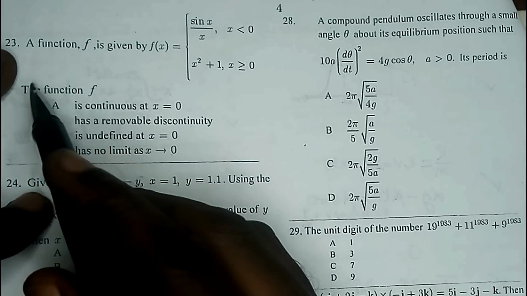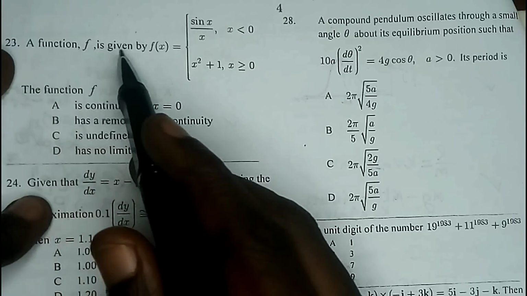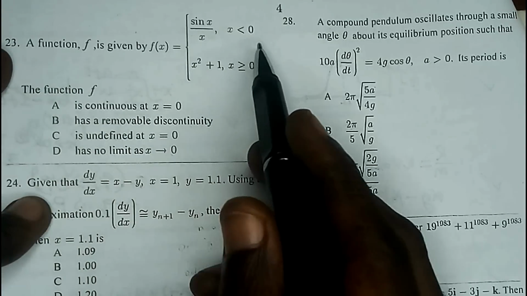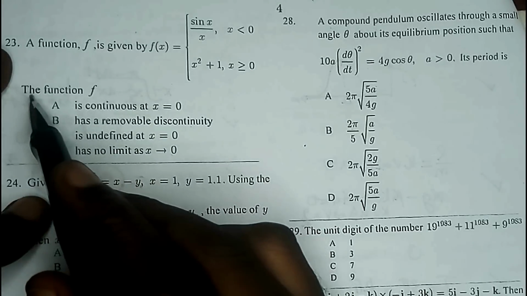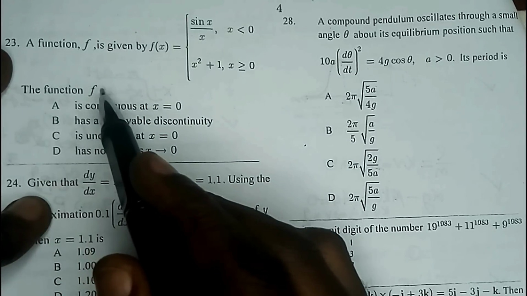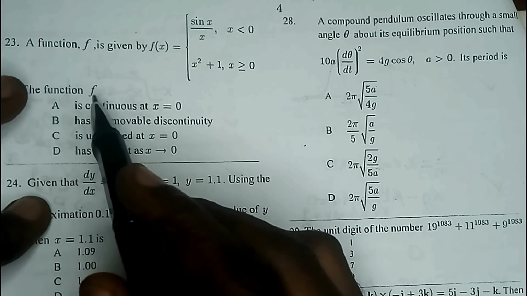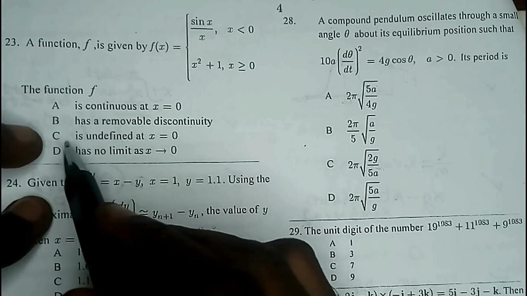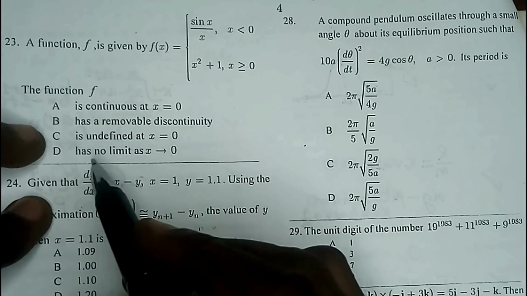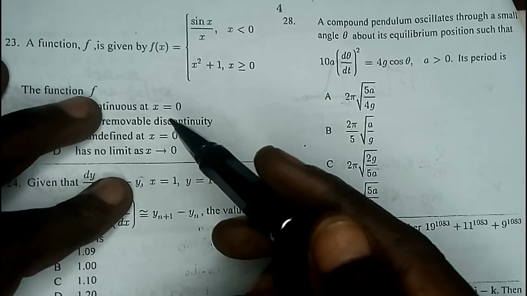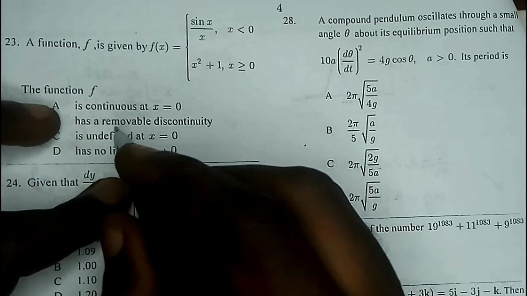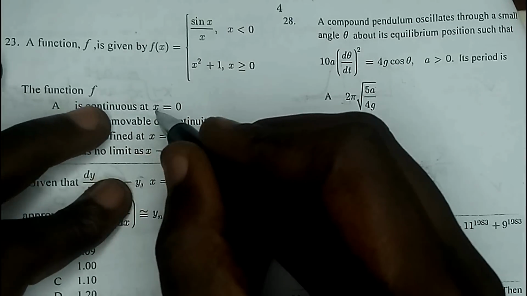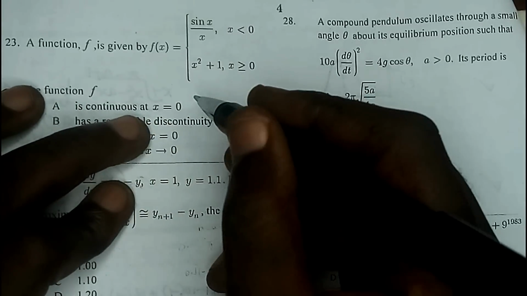In number 23, a function f is given by this, and we're required to verify whether it is continuous at x equals 0, has a removable discontinuity, is undefined at x equals 0, or has no limit at x equals 0. So actually there are 3 conditions for a function to be continuous at a particular value of x.